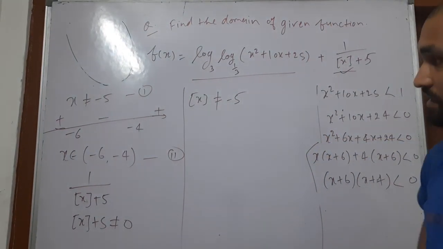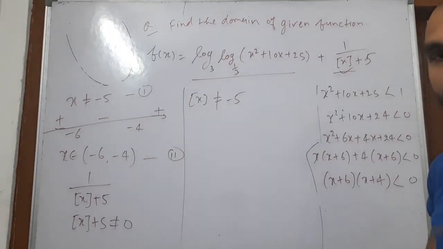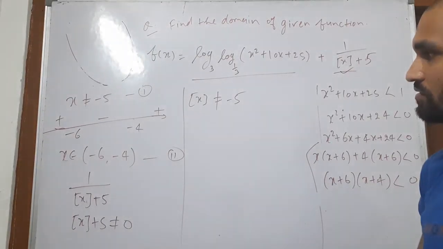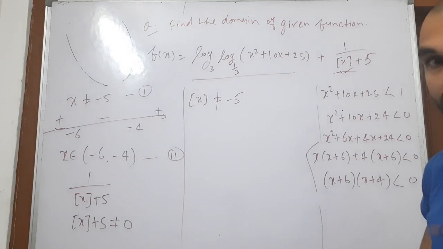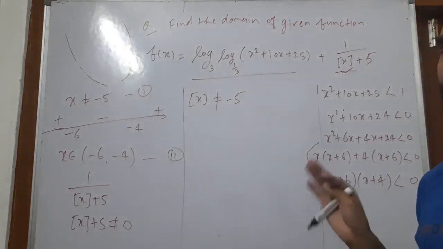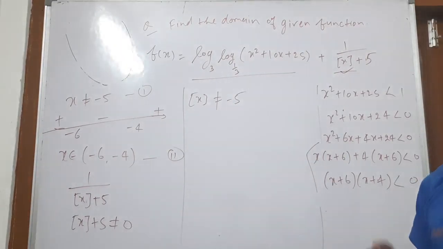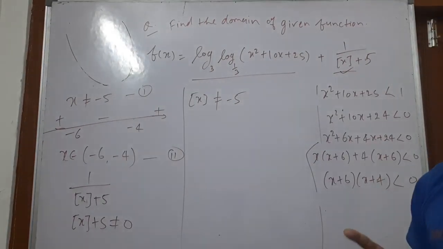If greatest integer x is minus 5, then what is x? What are the possible values for which the greatest integer is minus 5? All values from minus 5 up to before minus 4 will always give greatest integer minus 5.